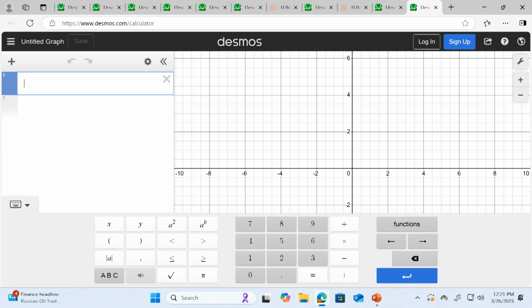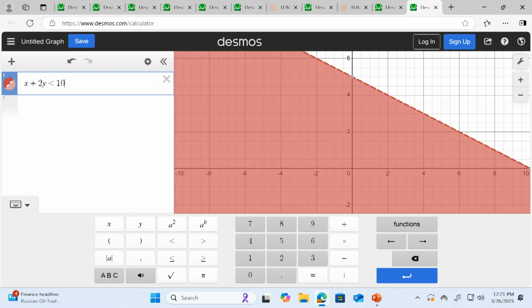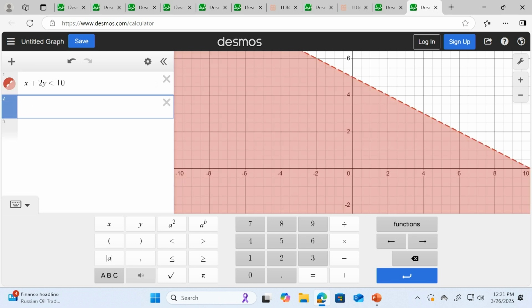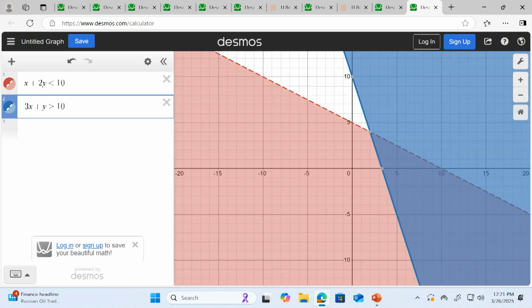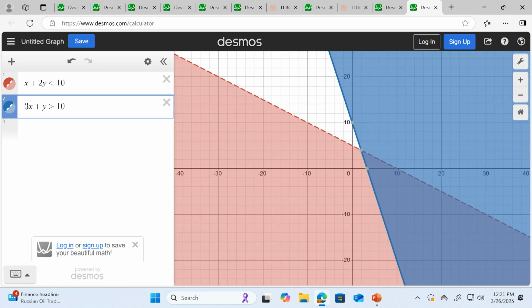So I've got x plus 2y is less than 10, noticing I have a dotted line. And then the next one was 3x plus y is greater than or equal to 10. All right. So I'm going to zoom out a little bit.